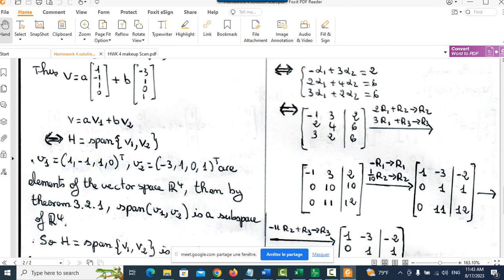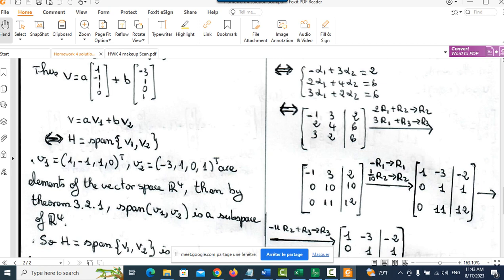So by theorem 3-2-1, we can say that the span, meaning the set of all of the linear combinations of V1 and V2, forms a subspace of R4. Here H, the set that we were given, is actually the set of all of the linear combinations of V1 and V2, which we've already defined.